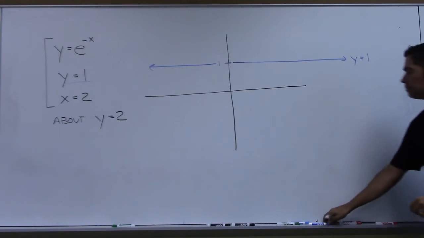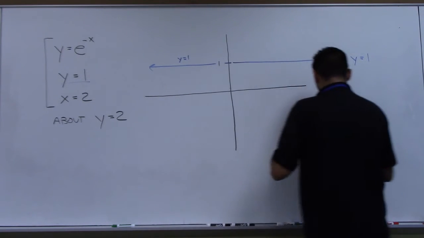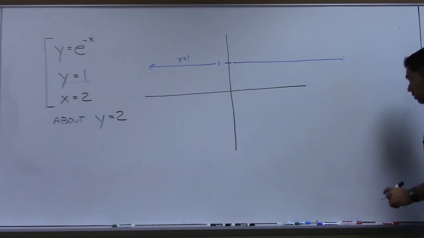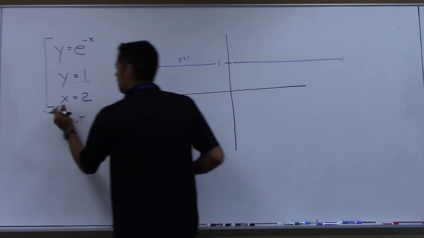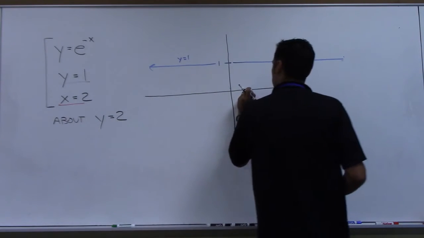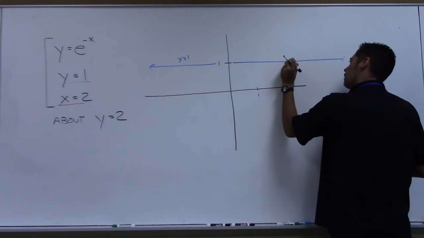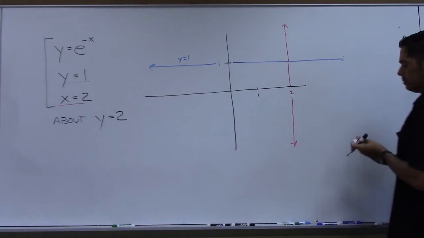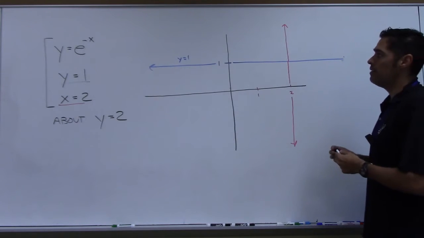What's next? A vertical, x is 2, so that's right here. And y equals e to the negative x.